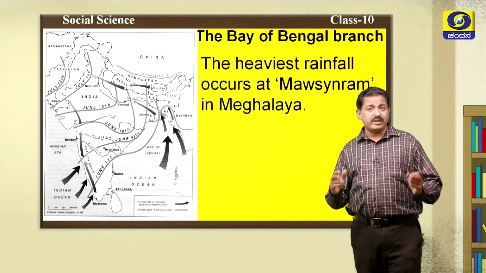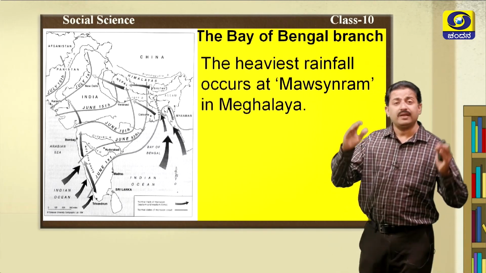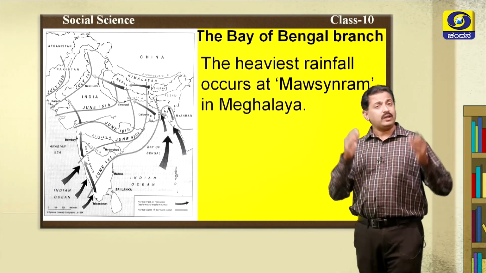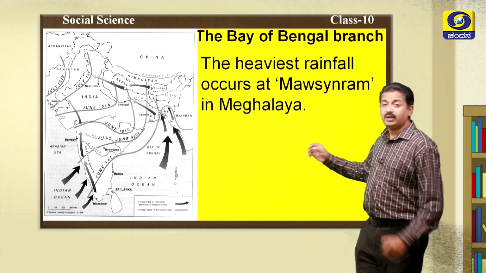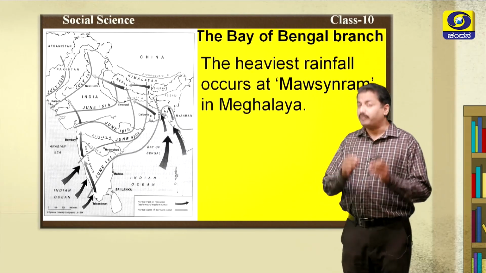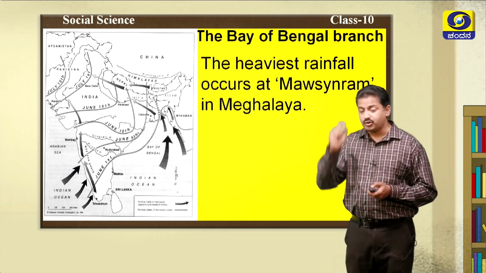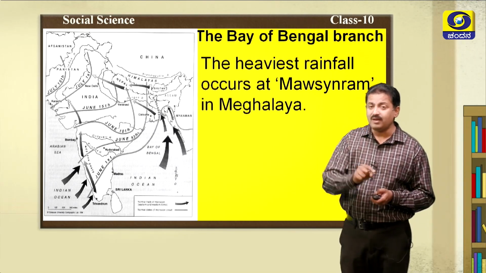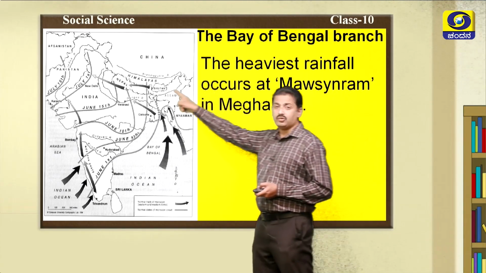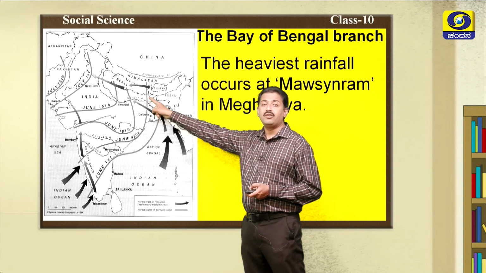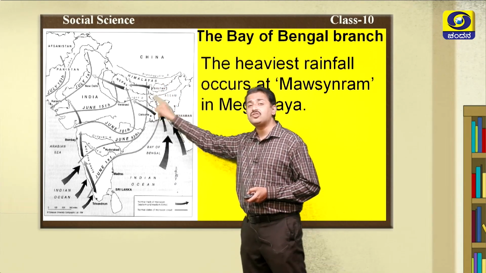The heaviest rainfall occurs there in Meghalaya. In the activity before I began this lesson, I had shown you this place in Meghalaya, so you had properly located it. It receives the country's highest rainfall.